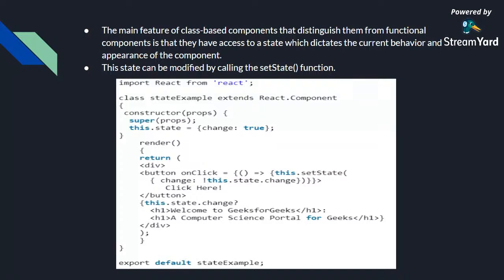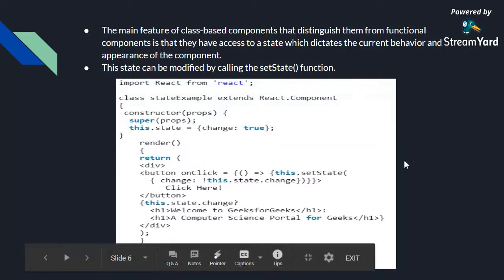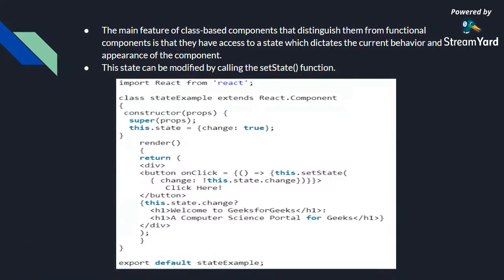So here is an example of a class-based component with a state in it. What we are doing here is creating a state example component which extends the React component package. We are using a constructor in which we are also initializing the props of the parent component using the super function, and also initializing the state of this particular component.